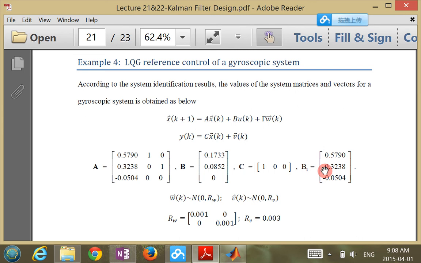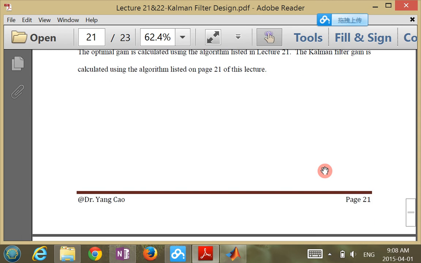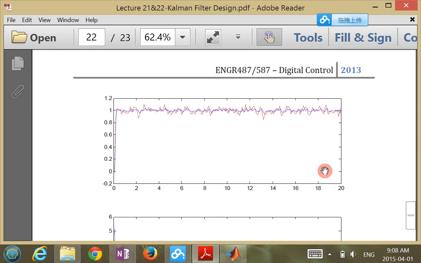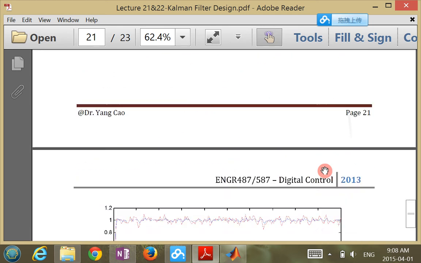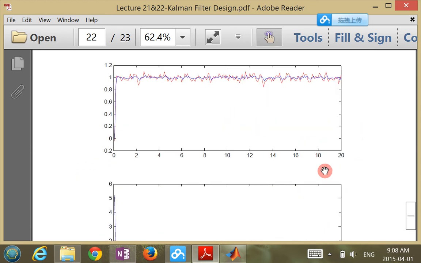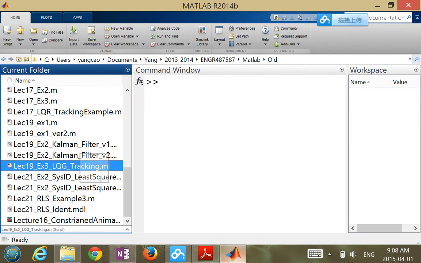And then design the LQG based on this model here. The controller designed here is basically the same idea as I introduced in the previous lecture. So the reference part is the LQR referencing, plus the Kalman filter gain. You can take a look at this MATLAB file, and I'll upload that here.